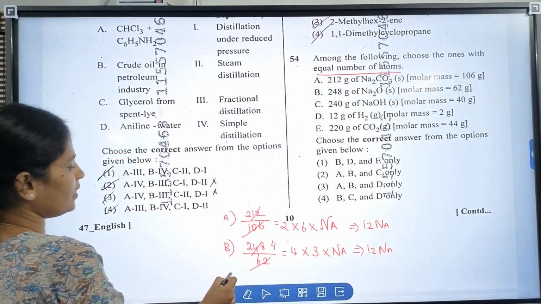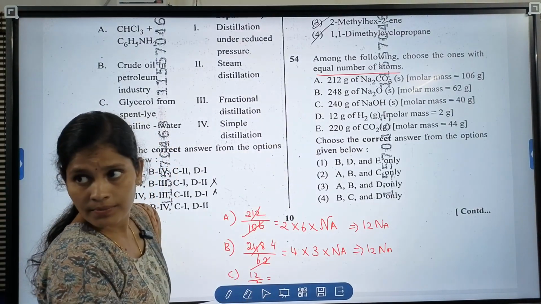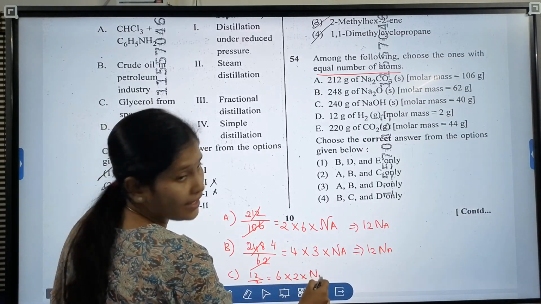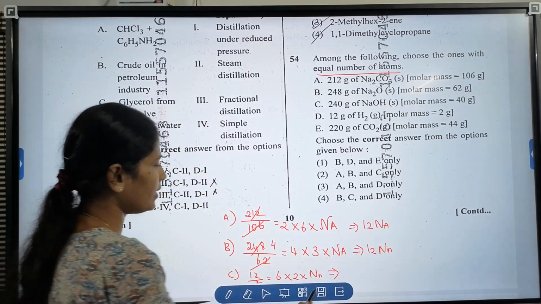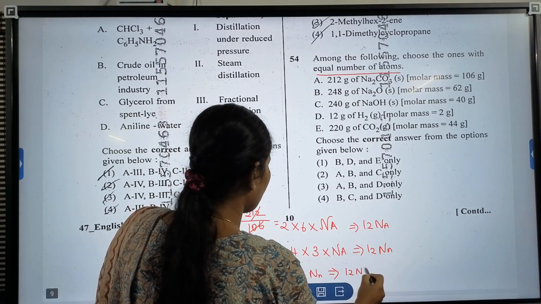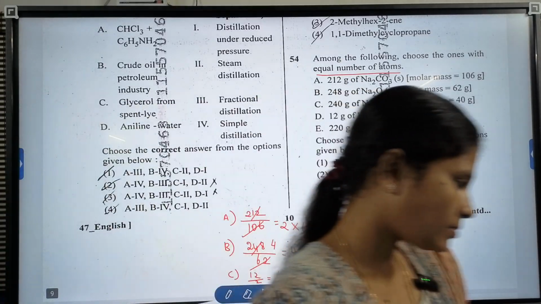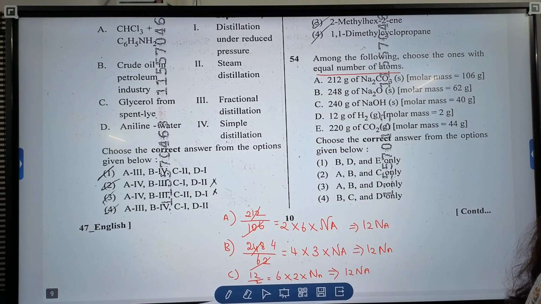And C, if we consider here, 12 by 2 is 6, 6 into 2 into Na, so again we are getting 12 Na, right? Okay. Wait a minute.